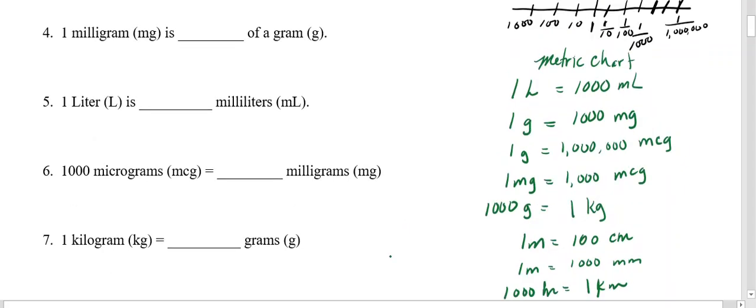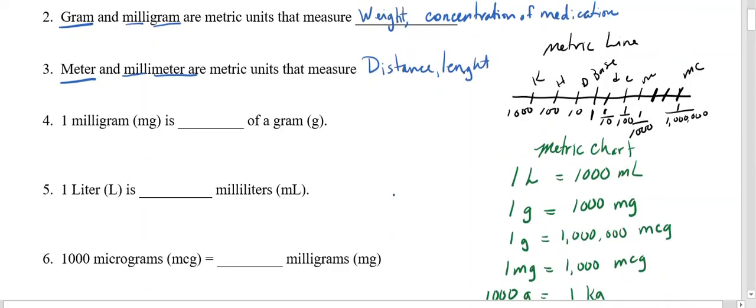So some of these are worded weird. So let's look at number 4. It says 1 milligram is equal to how much of a gram? And this is the only one I've got going backwards. So if I look at my chart, this is milligrams.